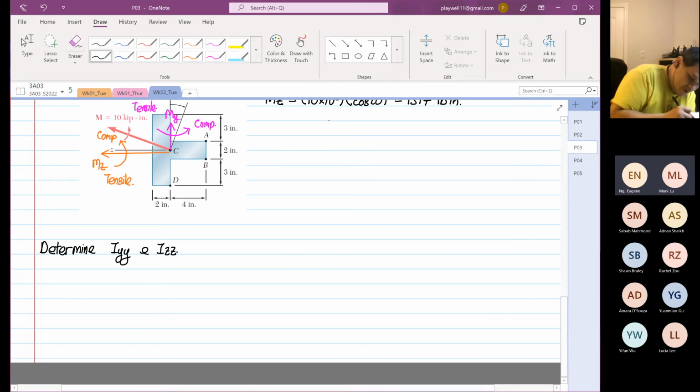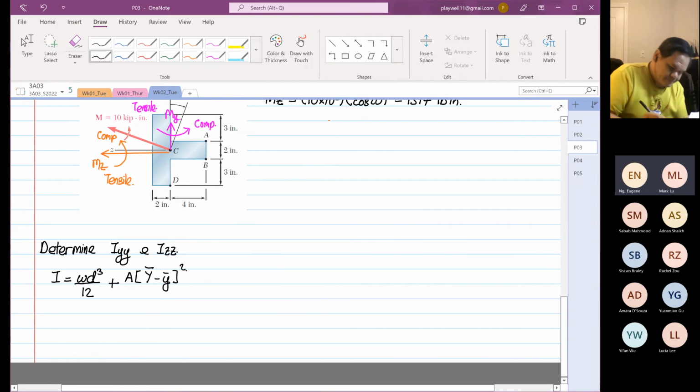Second moment of area, I, is equal to width times depth cubed divided by 12, plus the cross-sectional area multiplied by the global centroid minus the section centroid, squared.